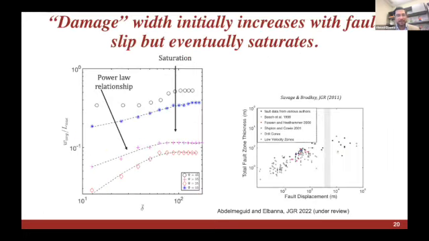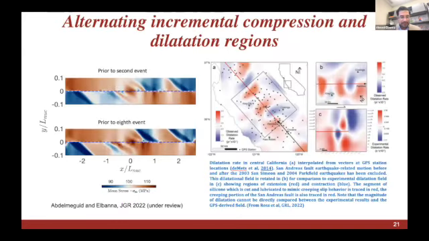The other thing is that the damage width also increases with accumulation of slip on the fault, but potentially saturates after a slip threshold. And this is also a similar observation to what Savage and Brodsky have observed near the surface. So this is the last slide for this section, which shows, as I showed in the video, that there's actually complexity in the stress field, and we get alternating quadrants of dilatational and compressional changes.